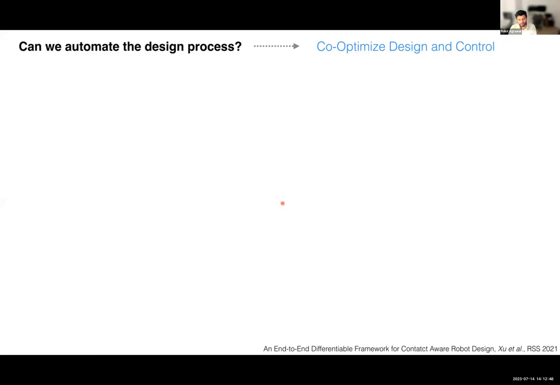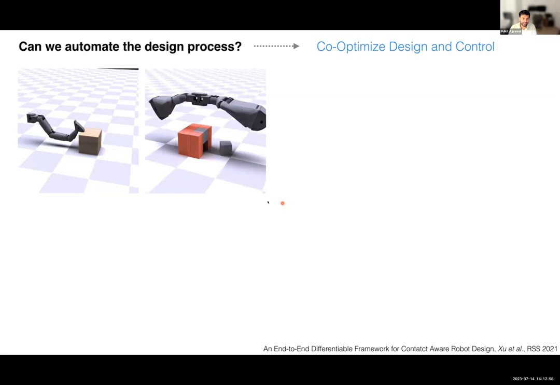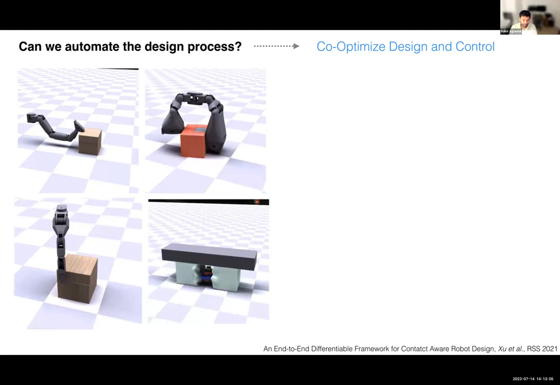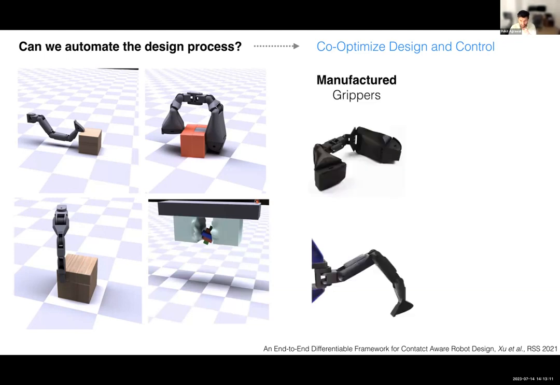And finally, over here we have a grammar, but someone was manually using the platform to design hands. But you can also think of automating the design process, where instead of it being manual, we can co-optimize the hand for the tasks that we're interested in. And I'm just showing you a few examples of this co-optimization process.